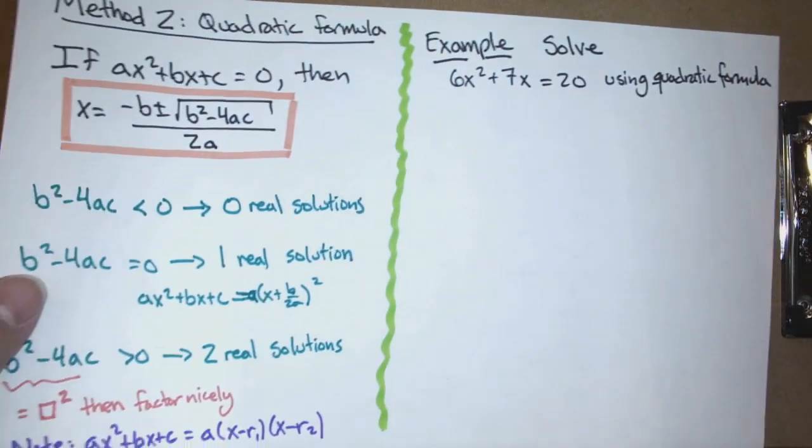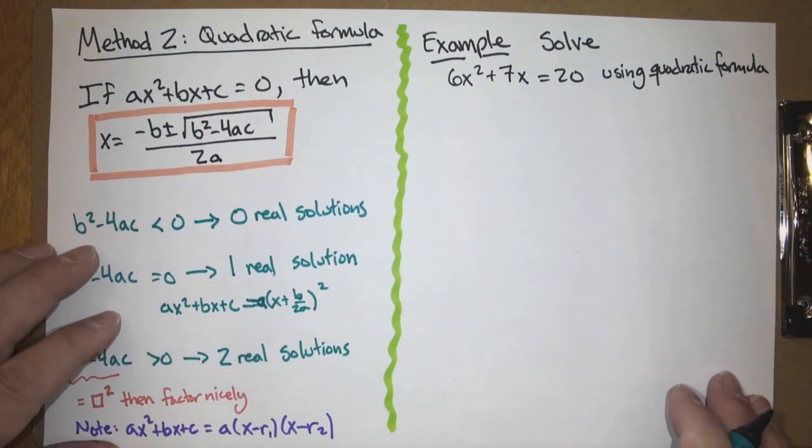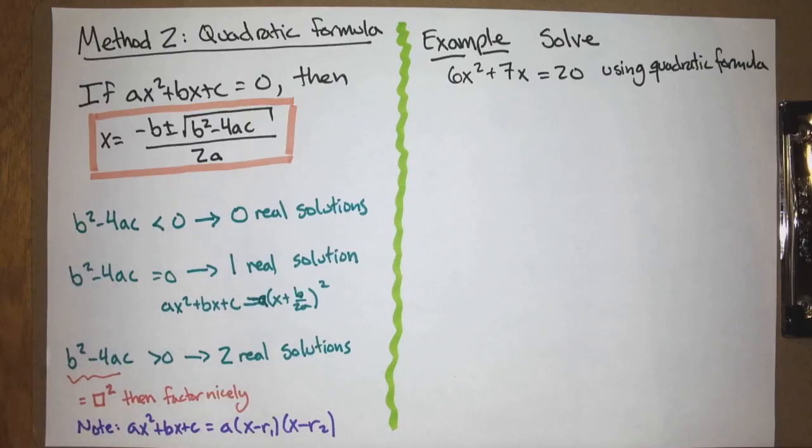All right, the other approach, method 2, the quadratic formula. And this has been known for thousands of years. There's not a lot of things in math that we can say thousands of years ago. So if ax squared plus bx plus c equals 0, then x is negative b plus or minus the square root of b squared minus 4ac all over 2a.